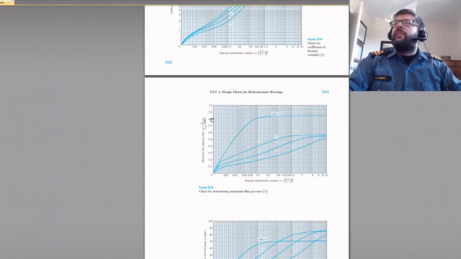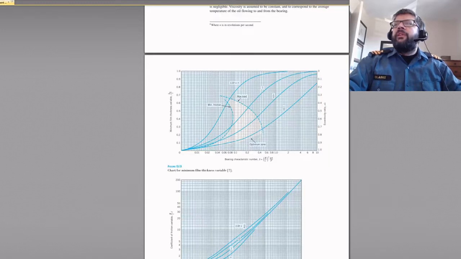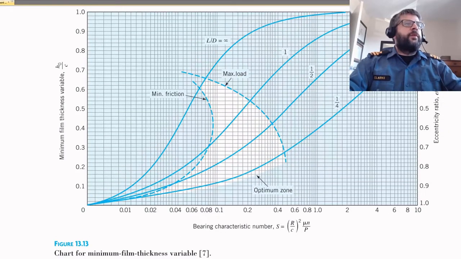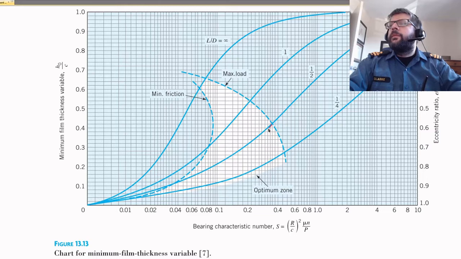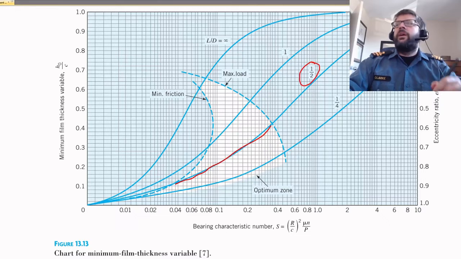When we look at this chart here, especially because it defines what our optimum zone is, we want this thing to be operating somewhere along this line, the length to diameter ratio of half line.